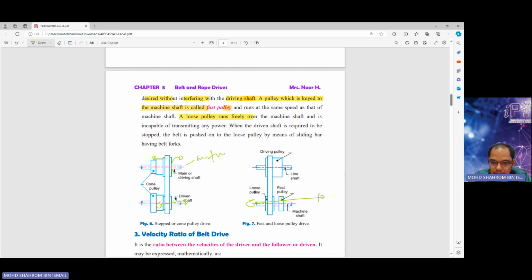Dia macam keadaan ni kalau biasa bawa kereta manual, dia ada clutch. If you press your clutch, what happen after? Even though you are in gear shift, still it doesn't transmit any power at all. So that's the thing.